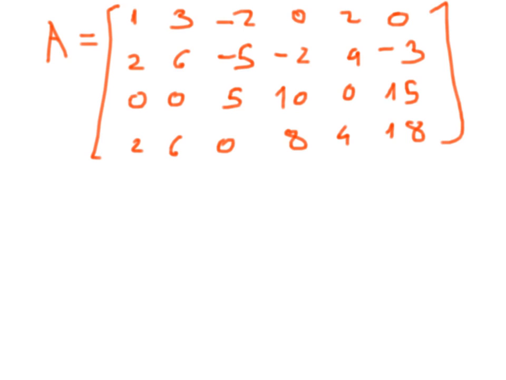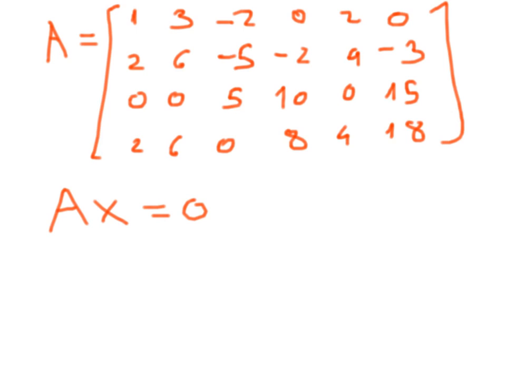What I want to solve is the equation AX equal to 0. Now, solving this means solving exactly the same matrix that you can find in chapter 1, page 16, example number 5, that is titled Gauss-Jordan elimination.